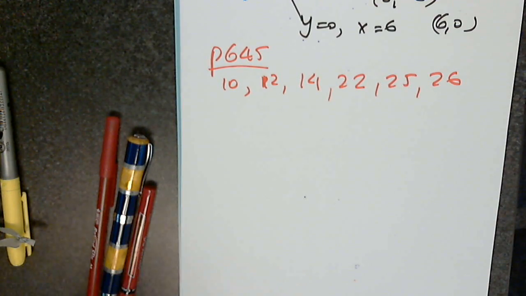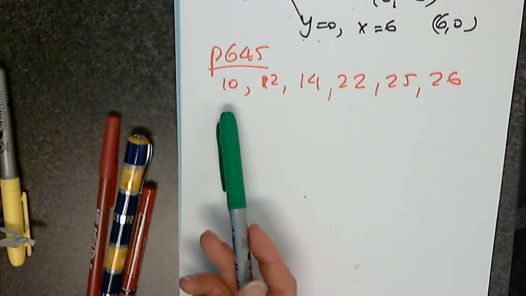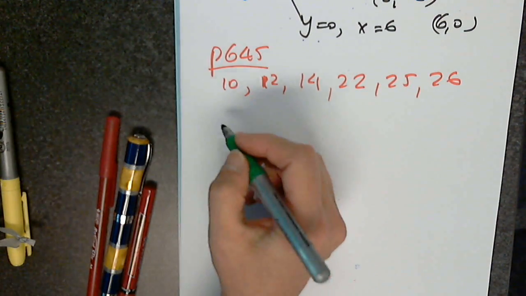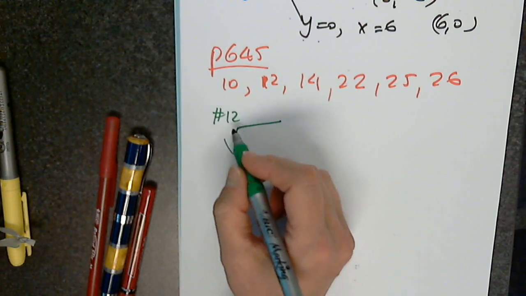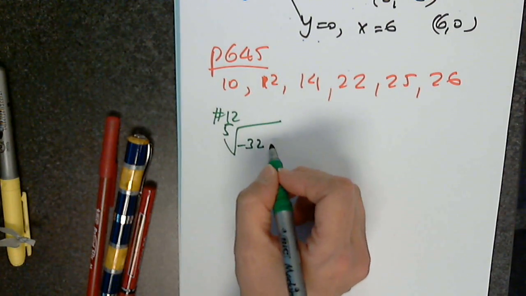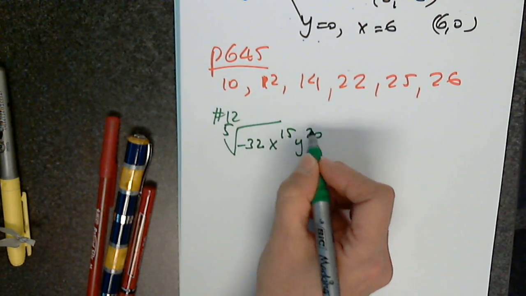Since all the answers are in the back, I'm going to do just a couple of these. So I'm going to work on 12, so we can go through everything. And then if we still have time, we'll come back and do more. So 12: the fifth root of negative 32, x to the 15th, y to the 20th.